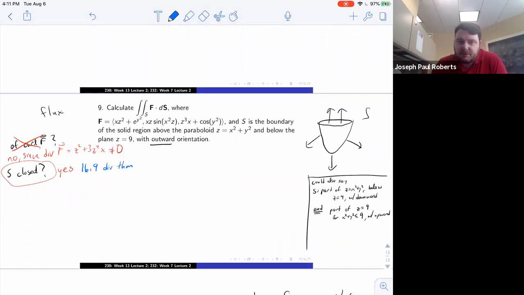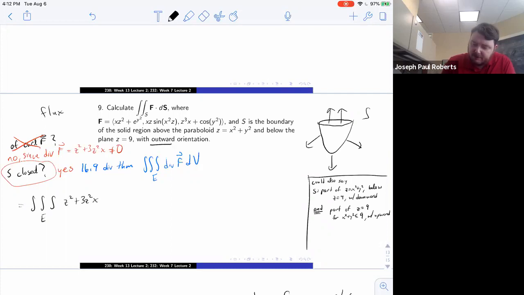Flux across a closed surface, divergence theorem tells us it's the triple integral of the divergence over the region completely surrounded by your closed surface. So when I go to set up this triple integral, it's going to be of the function z squared plus 3z squared x. I already took the divergence a moment ago.